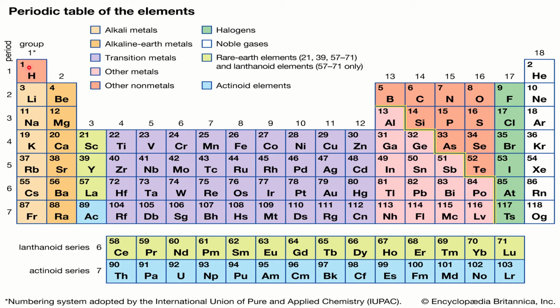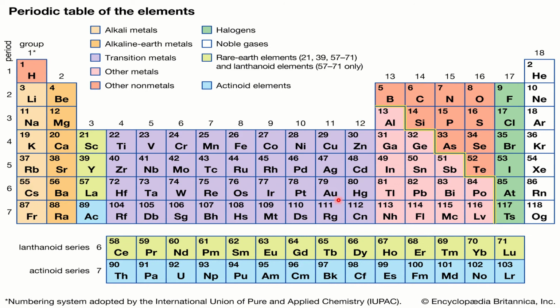Atomic number 1 is there, then 2, then 3, 4, 5, 6, 7, 8, 9, 10, 11, 12, 13, 14, 15, 16, 17, 18. In this way, the elements are arranged. And there are similarities in the properties of the elements of the same column, that means the same vertical lines.